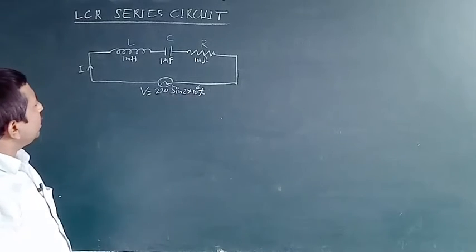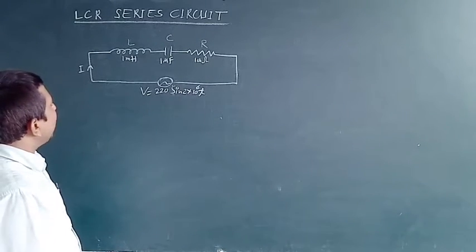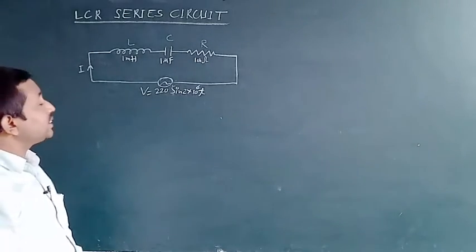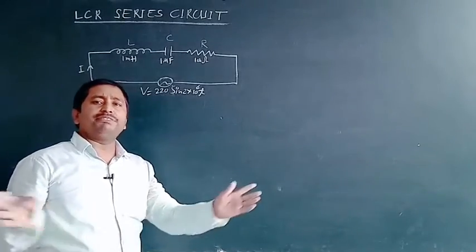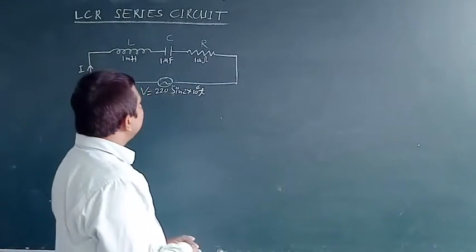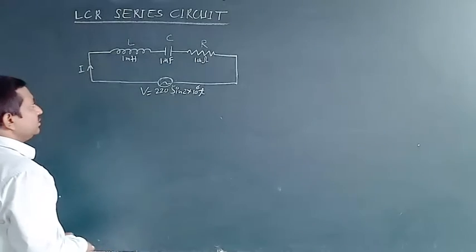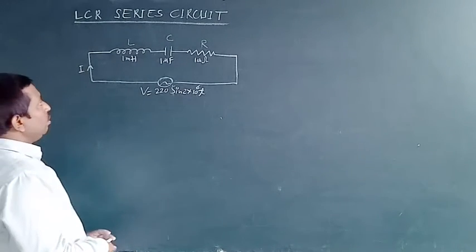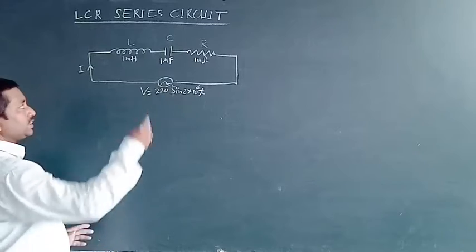If we want to plot a graph for the current at the condition of resonance and at different values of frequency, then we can easily plot this.